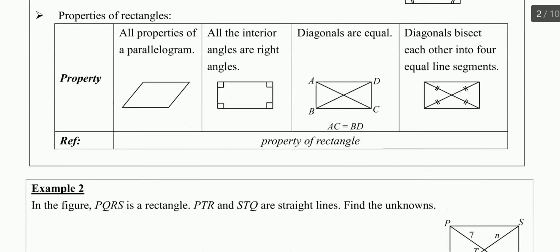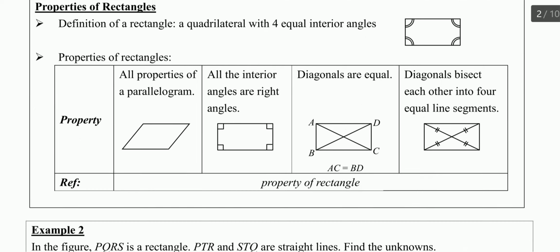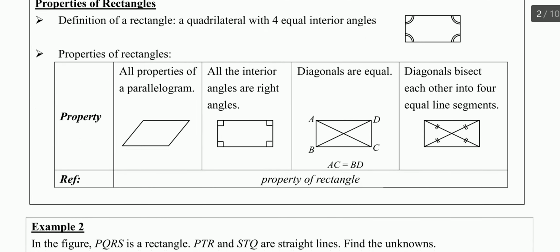This is not difficult. For the rectangle, since the opposite sides must be equal, it is automatically a parallelogram. Also, the diagonals must be equal, and all the angles are right angles. So AC must equal BD, the diagonals are equal, and they bisect each other into 4 equal line segments.